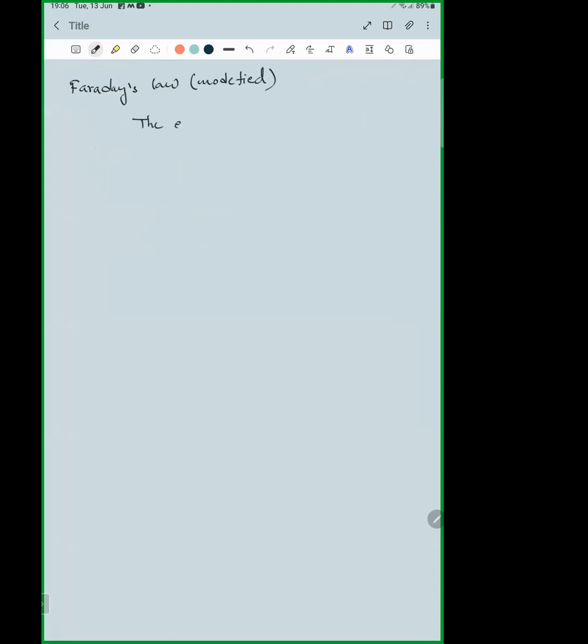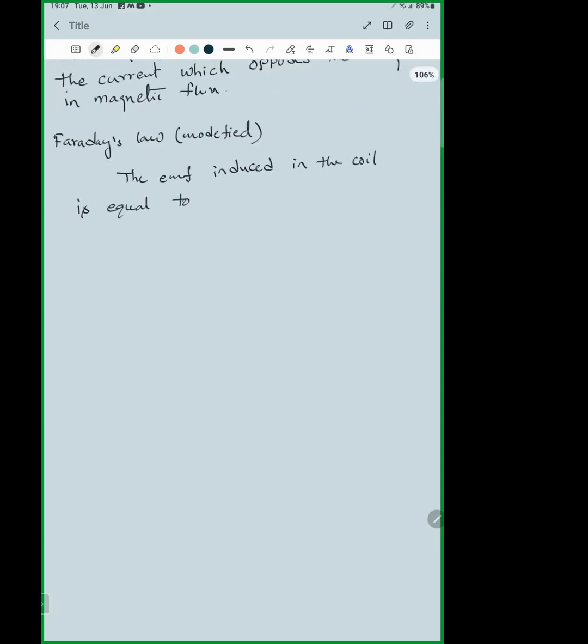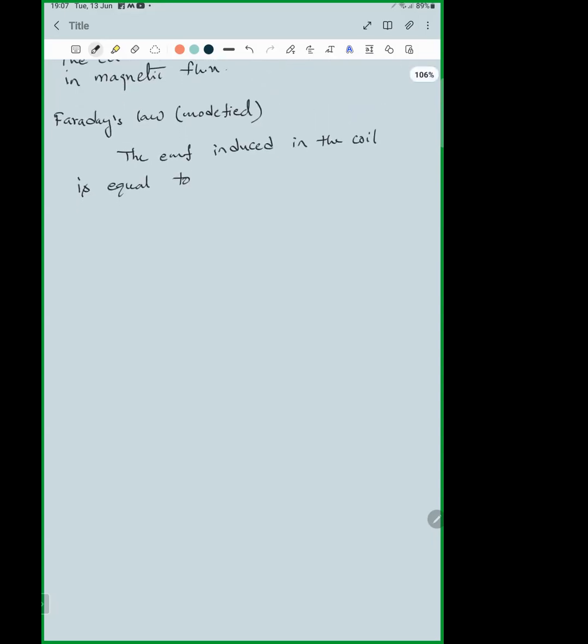The EMF induced in the coil is equal to the negative rate of change of magnetic flux.